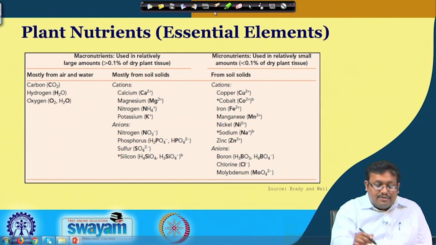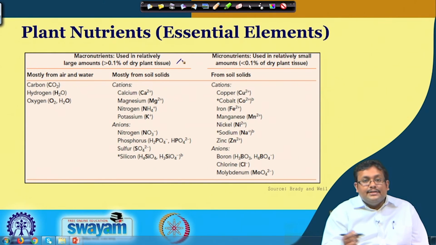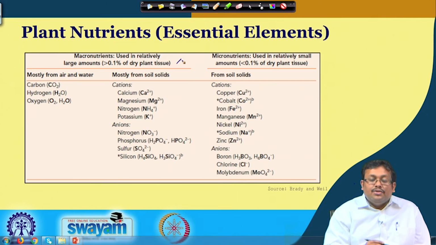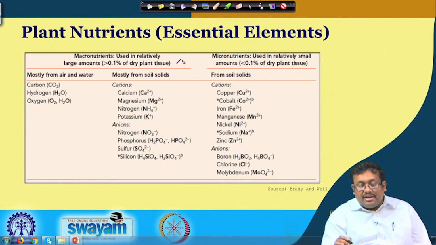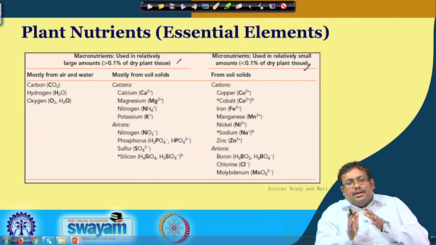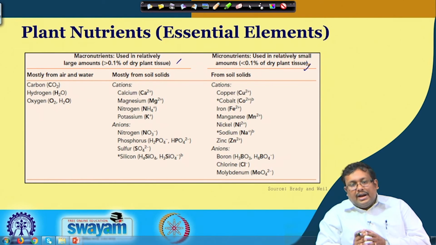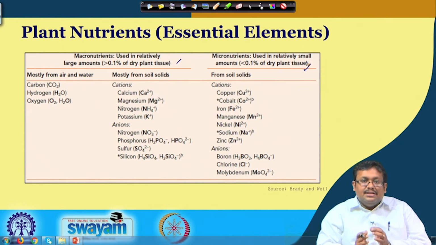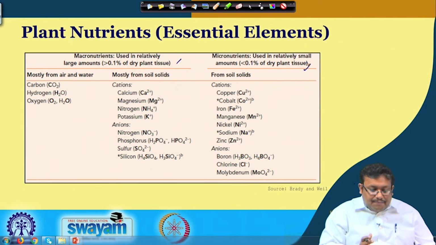Macronutrients are required in relatively higher amount, that is greater than 0.1% of the dry plant tissue, whereas micronutrients are used in relatively small amount, that is less than 0.1% of the dry plant tissue. But irrespective of the quantity required, they are essential. That means even if a micronutrient is absent in the soil, the plant cannot complete its life cycle.